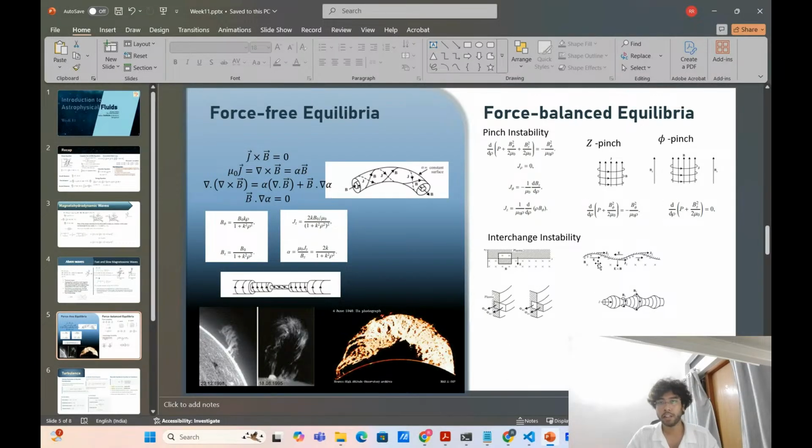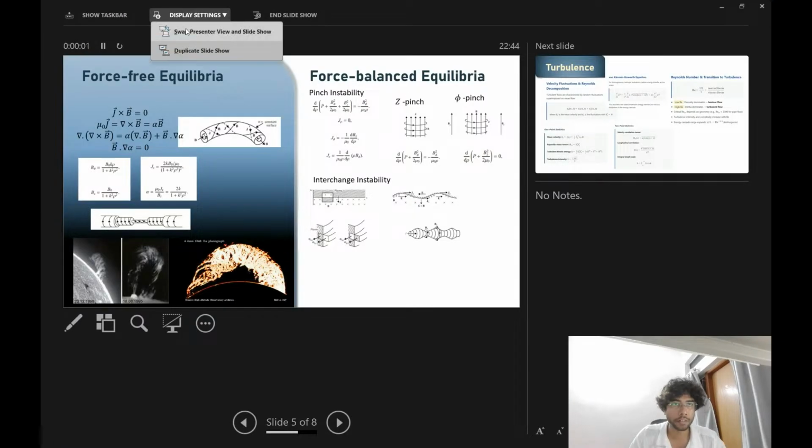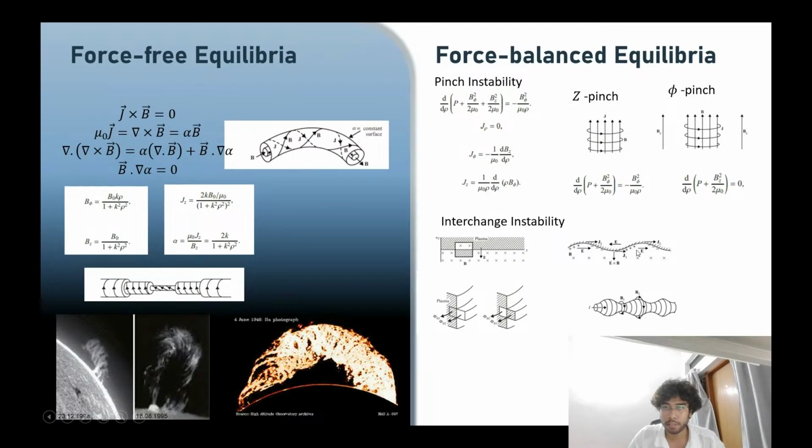Let's go back to the slide. If you look at this image, let me make it full screen. So if you look at this image, right?